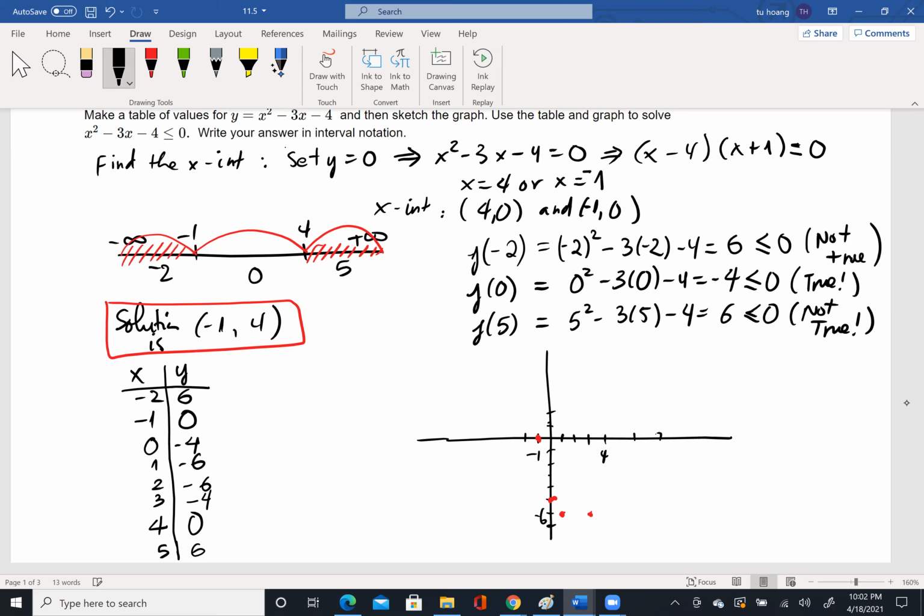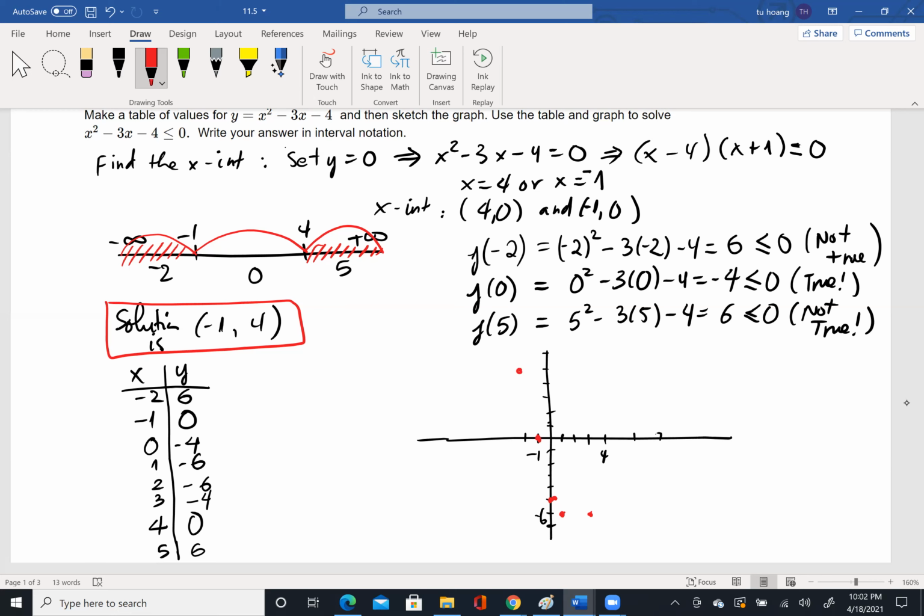So 1, 2, 3, 4, 5, 6. I have this right here.